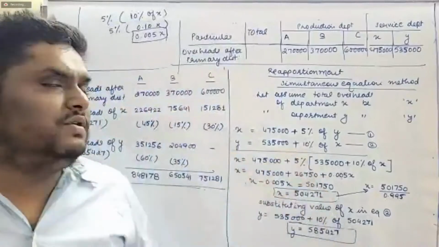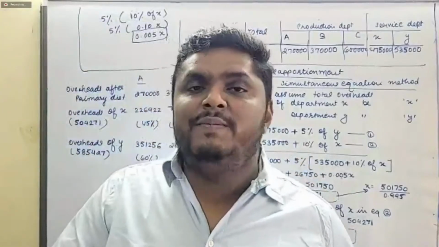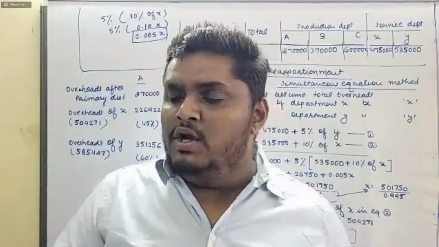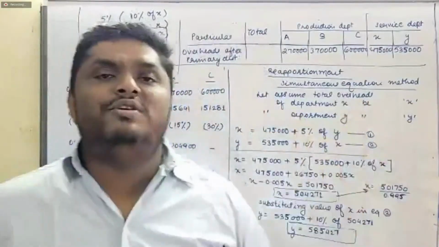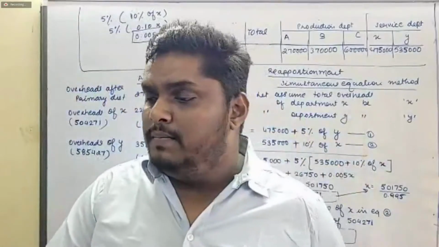Anyone else having any doubts in this question? There was a query raised by one of the students. Please discuss illustration number 3. So illustration number 3 is all about simultaneous equation. So I hope you will be able to solve.